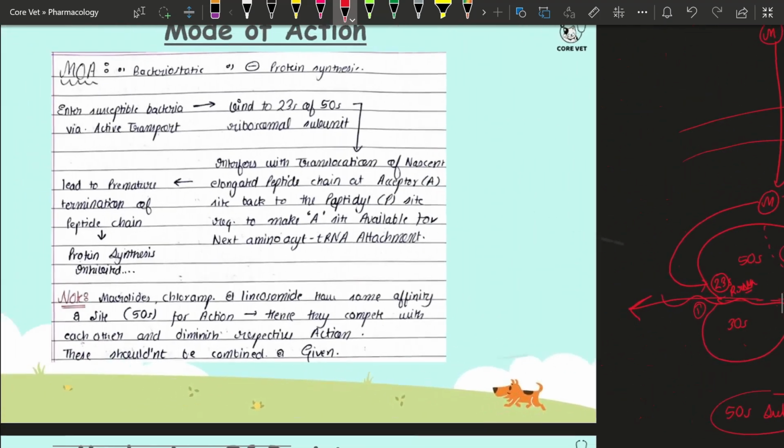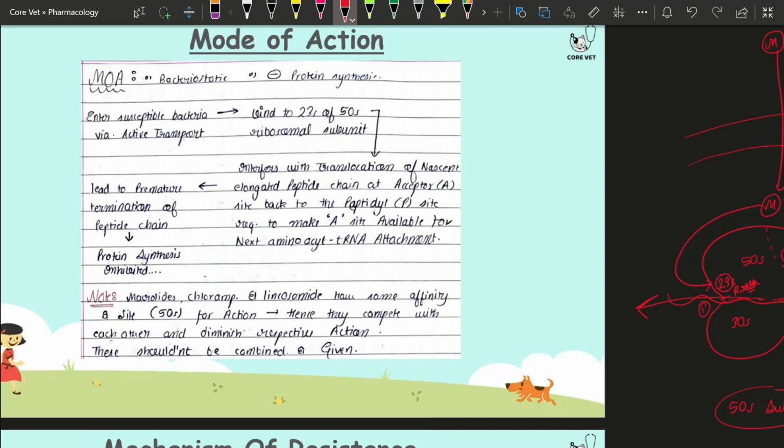You can also look over here that the macrolide enters the bacteria through active transport and binds to the 23S of the 50S ribosomal subunit. Then it interferes with the translocation, and the elongation of the peptide chain is inhibited, right? There will be premature termination of the peptide chain, leading to the inhibition of protein synthesis.